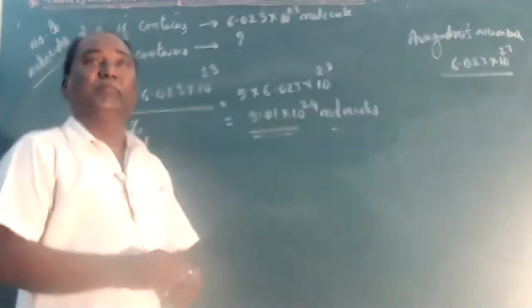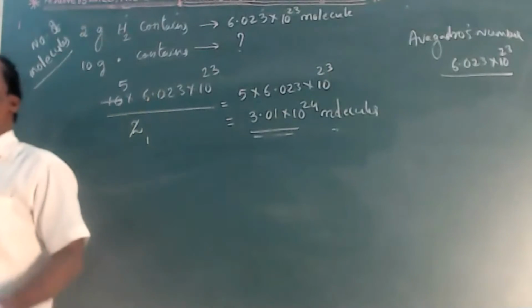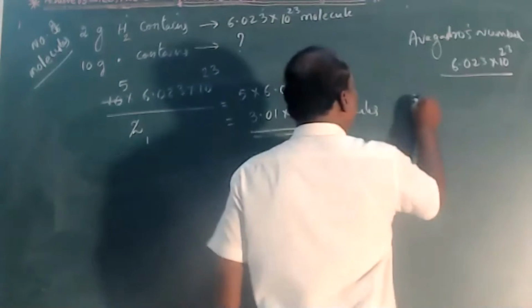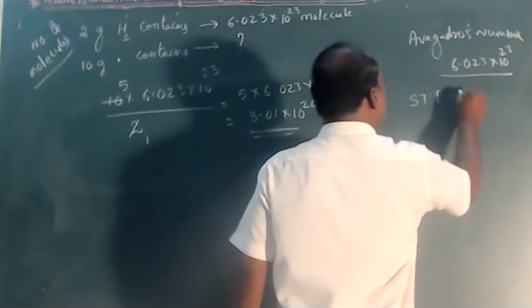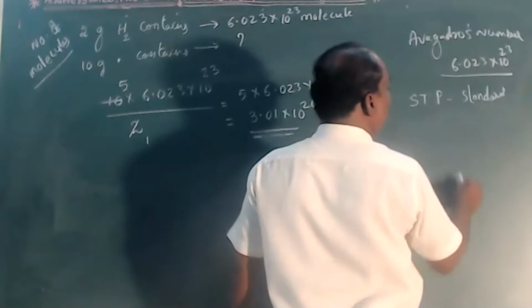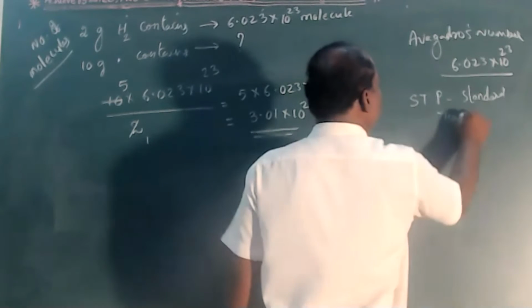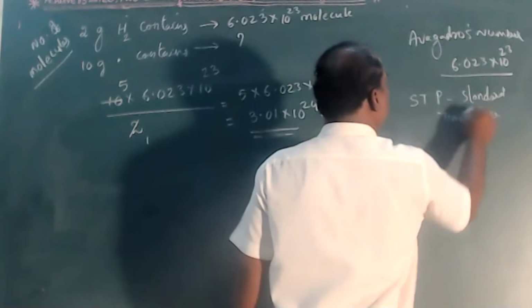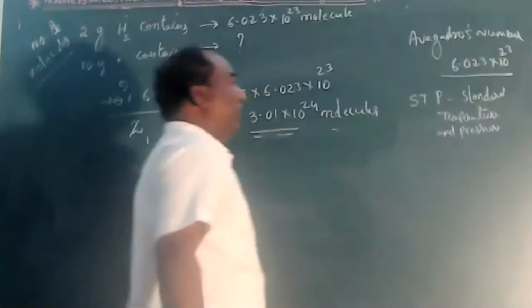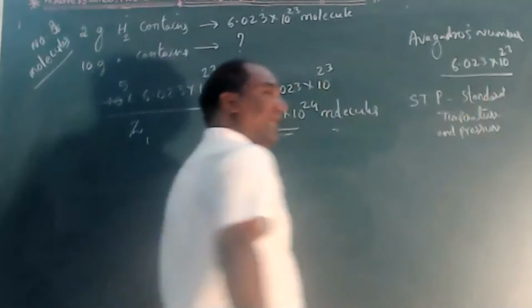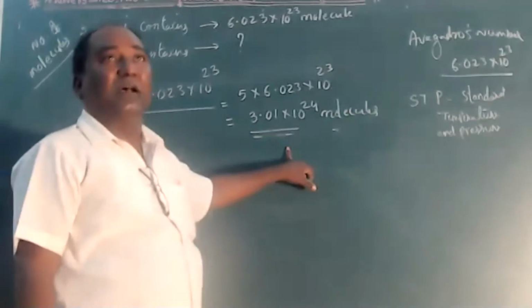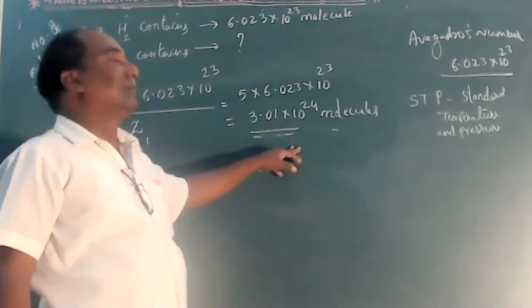Every gas at STP, standard temperature and pressure, occupies 22.4 liters of space.